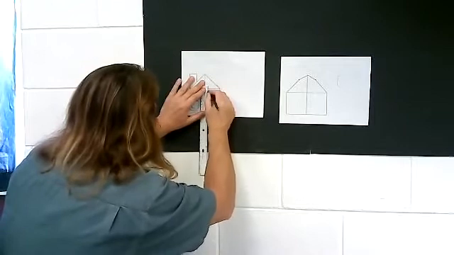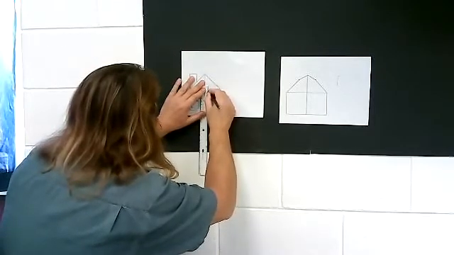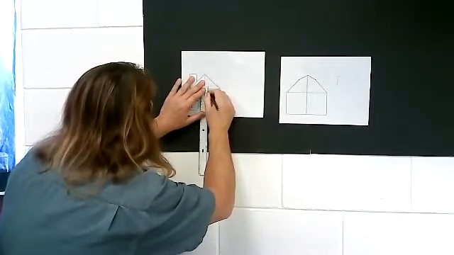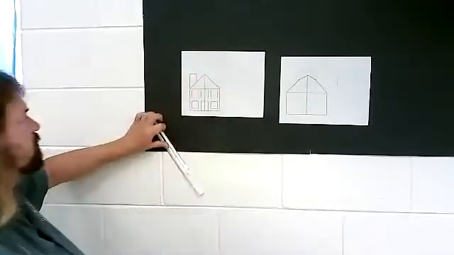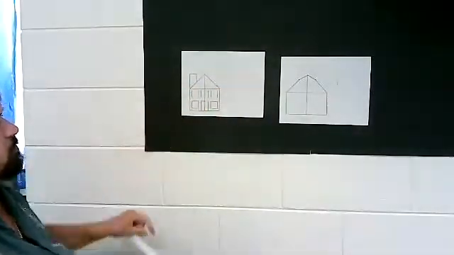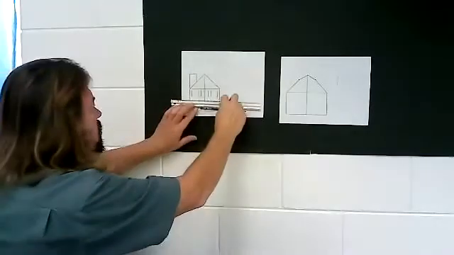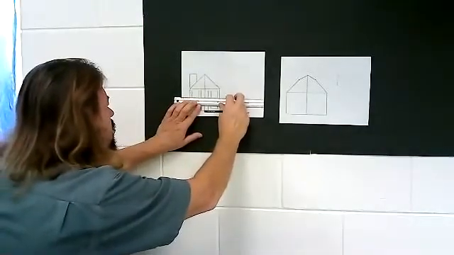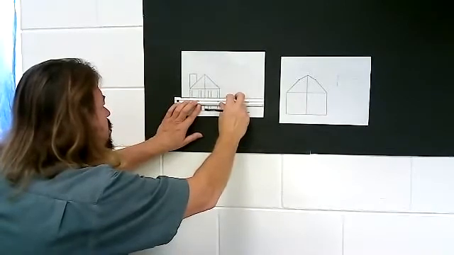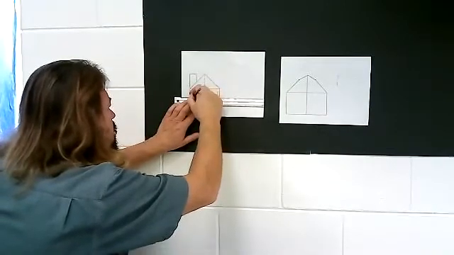Actually, my original drawing was a little bit bigger, but just to make it easy, I made them the same width as the door is. Now what I need to do is I just need to do the bottoms of them. So I'm going to line my ruler up here.